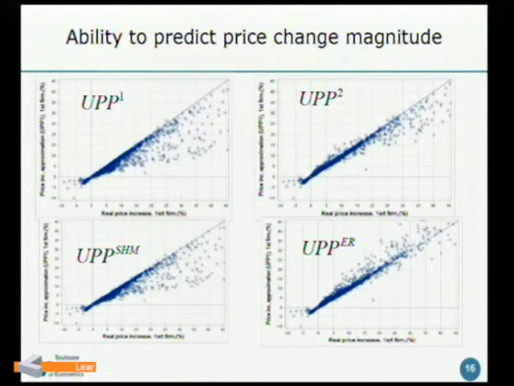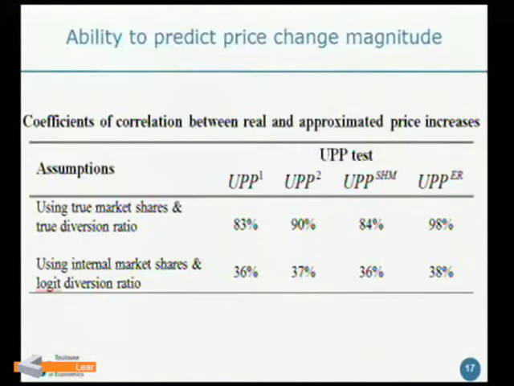Although you see that the cloud is quite sparse, probably you see that the UPP of Epstein and Rubinfeld, in some sense, is doing better, and it is true. This table, in fact, summarizes our results.